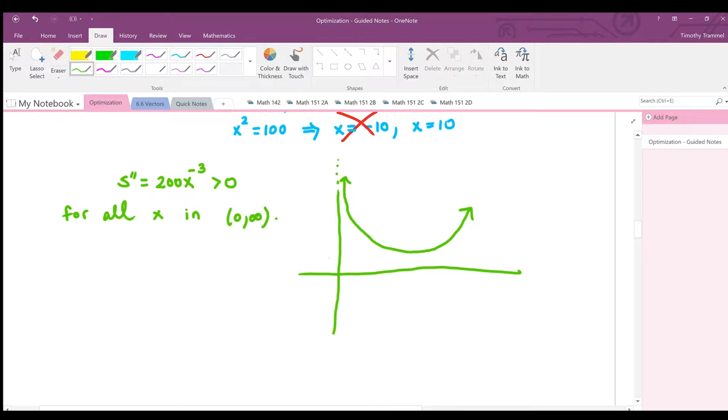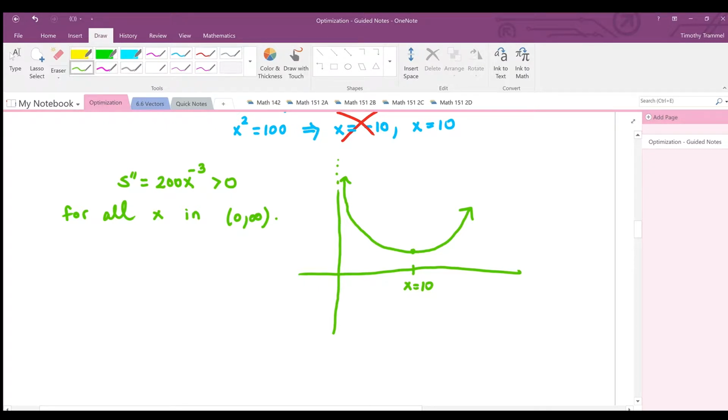And so now you can see, if it's concave up everywhere and you have a critical point, which looks like it's maybe right in here, if you have a critical point on a graph that's concave up everywhere, then that point is going to be an absolute minimum.